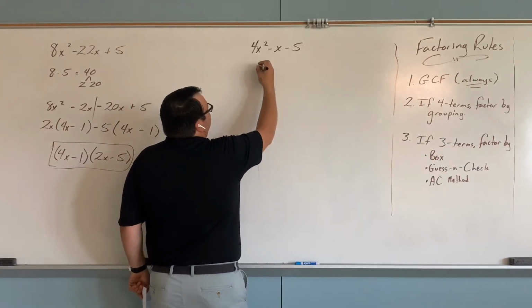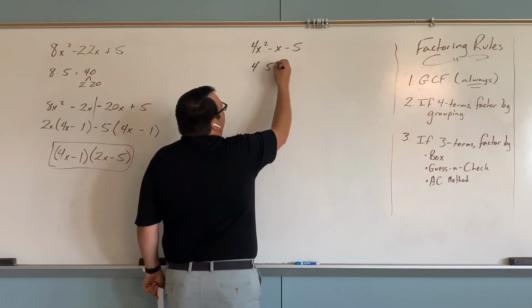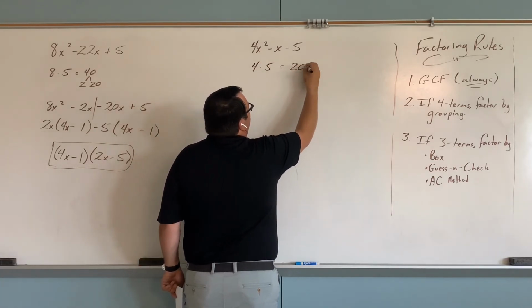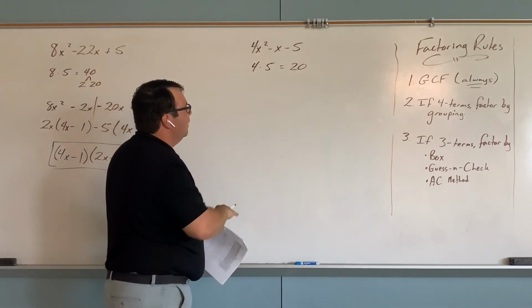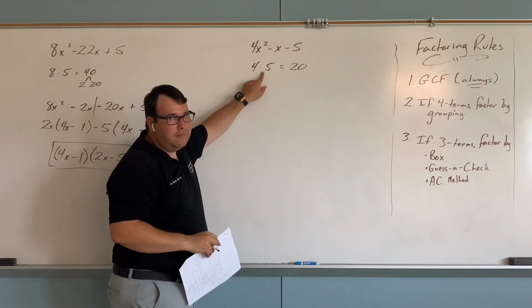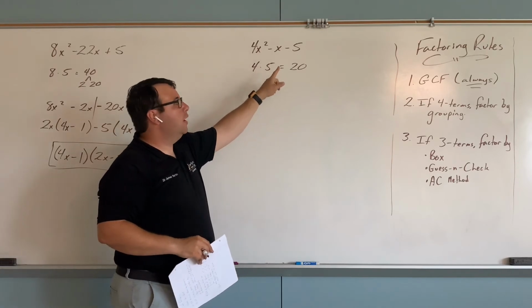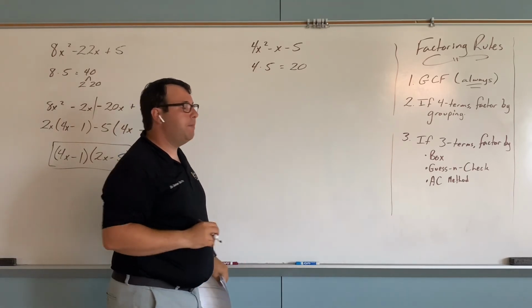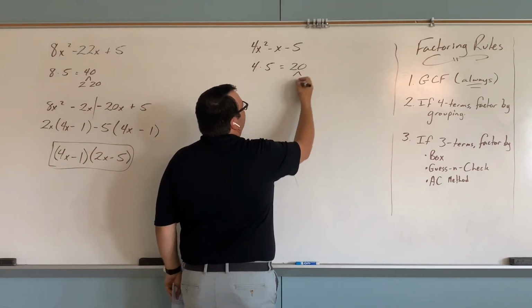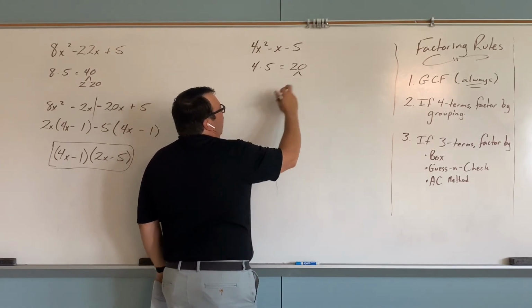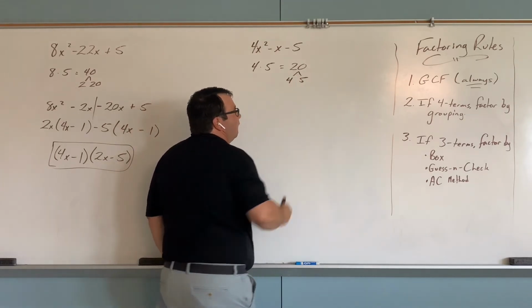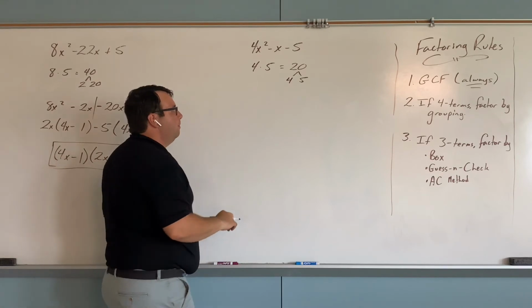Now, in this case, A and C, so 4 times 5, that gives me 20. Notice something. I didn't say negative 5. I just did the numbers, 4 times 5, and that gave me 20. I'm interested in my pairs from 20. That might give me a 1. Well, 4 and 5 are great for that, so I'm going to use them.